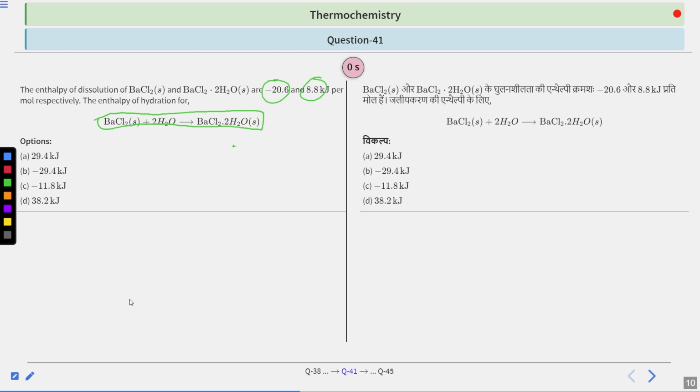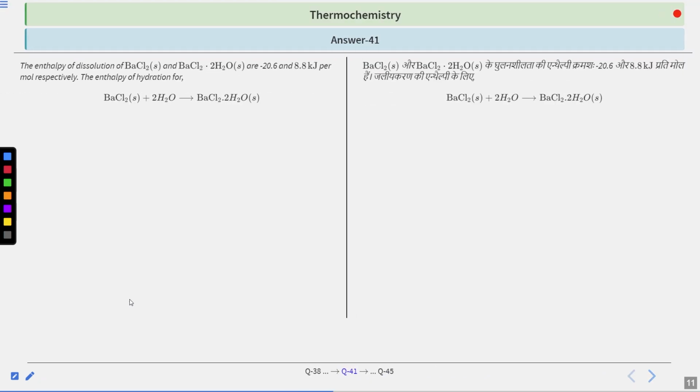So let us see the question first of all. The question is saying the dissolution of BaCl2. When you dissolve BaCl2 in water, what is the enthalpy of dissolution? And when you dissolve the one which already has the water of crystallization, what is the enthalpy of dissolution? Those two values are given.